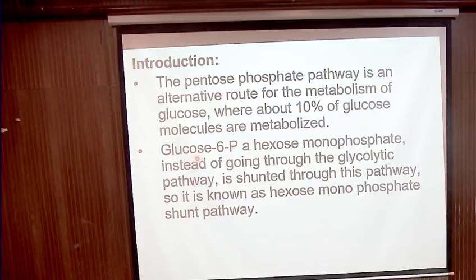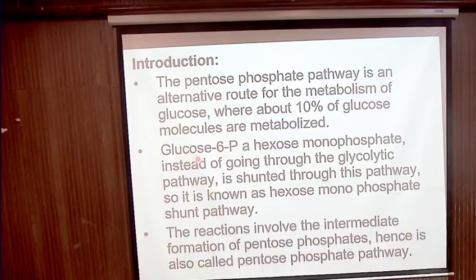This is because the glucose 6-phosphate, instead of continuing in the glycolytic pathway, enters through the HMP shunt pathway. And what is its importance there? This glucose 6-phosphate has a capacity to produce very important intermediates.